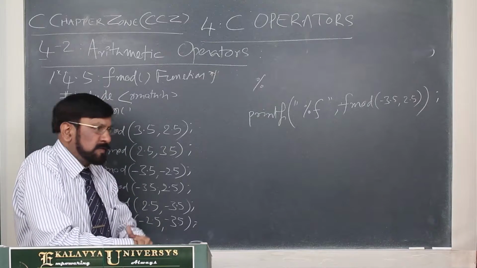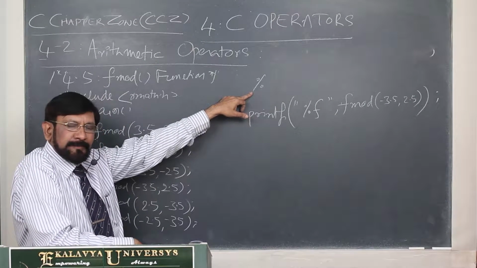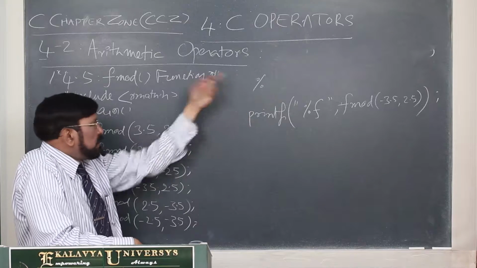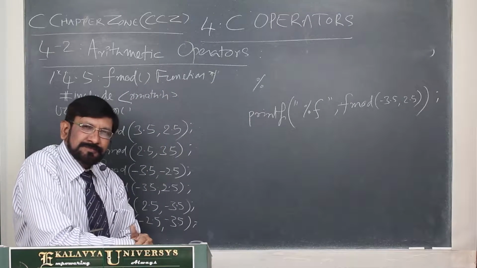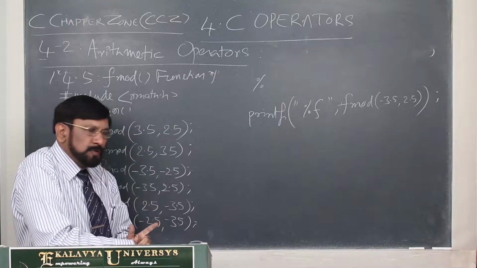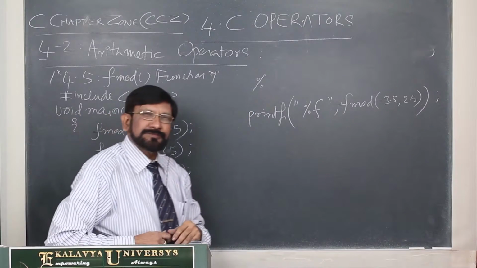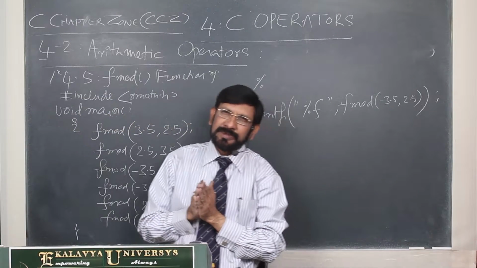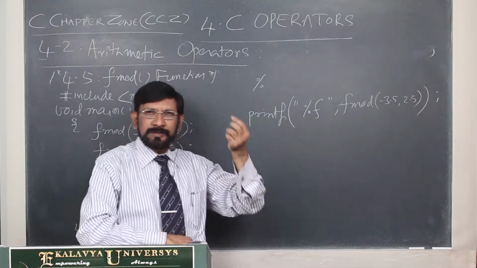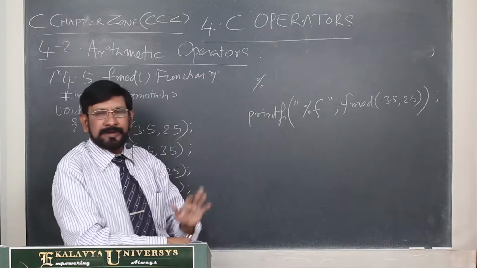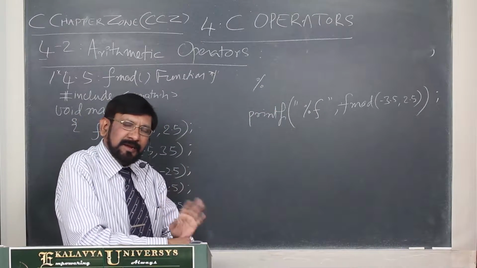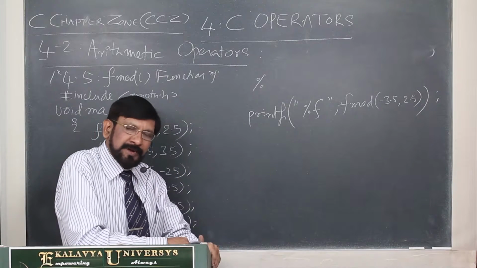Then you may get it out. This function is there, this operator is there, so why do you need the fmod function? Here I already told you the modulus operator has a limitation. What is the limitation? It is purely an integer operator. That means it cannot act upon floating point operands.